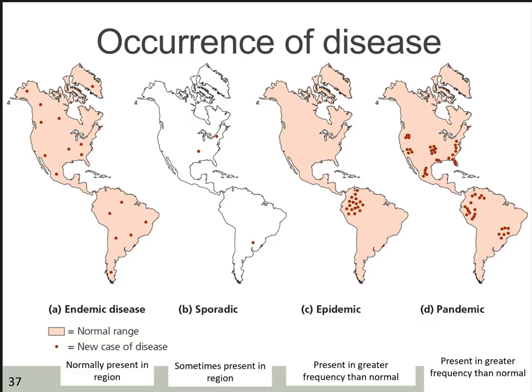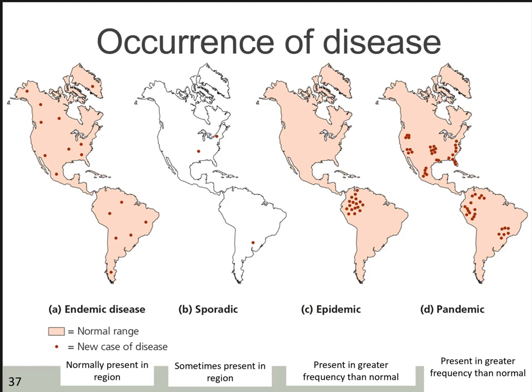Now, occurrences of diseases can be endemic, sporadic, epidemic, or pandemic. These all vary based on where these outbreaks occur and how frequently they occur. An endemic disease is a disease that's normally found in a particular area.